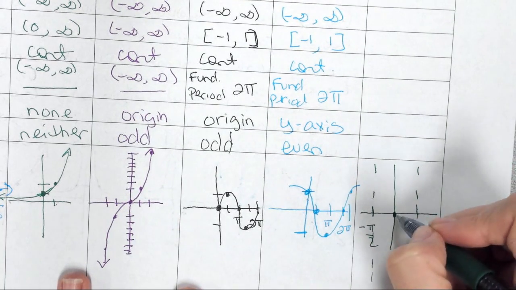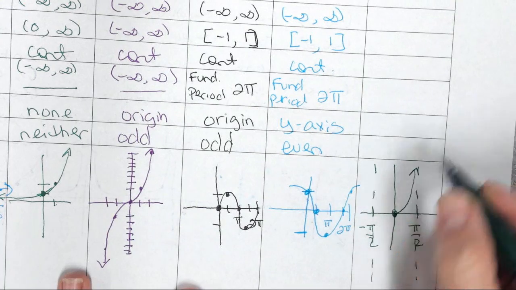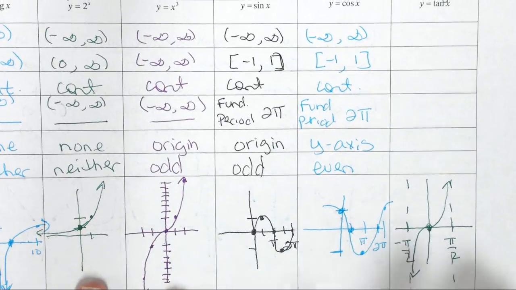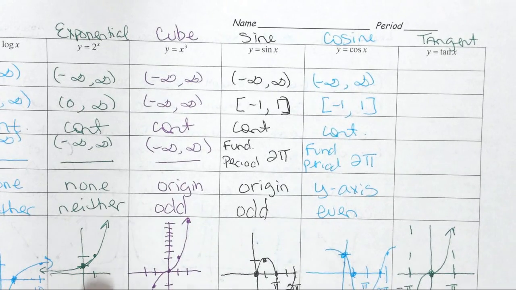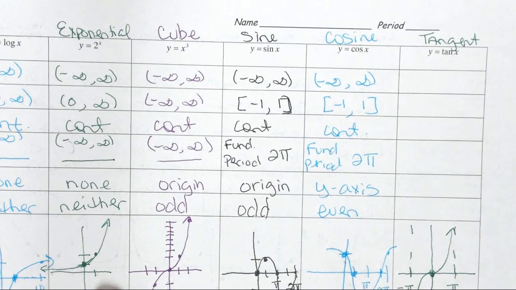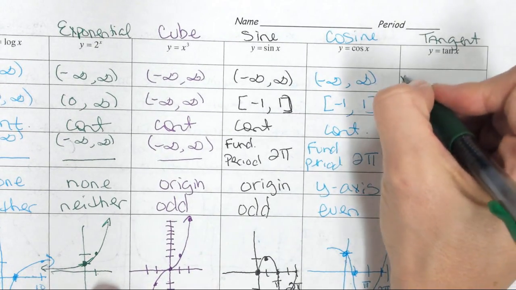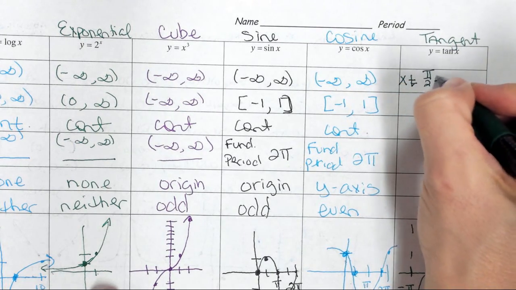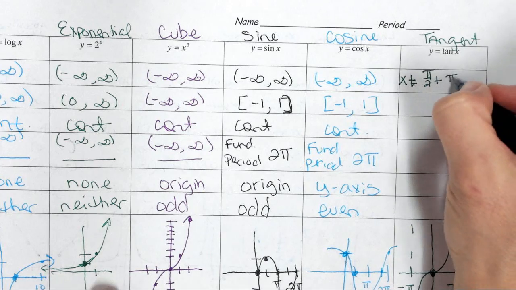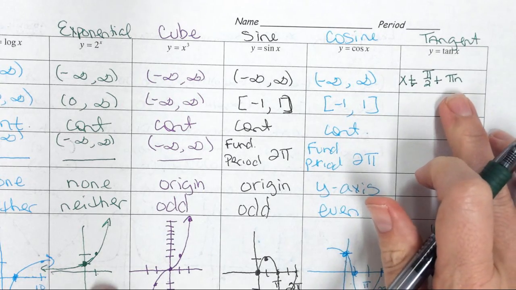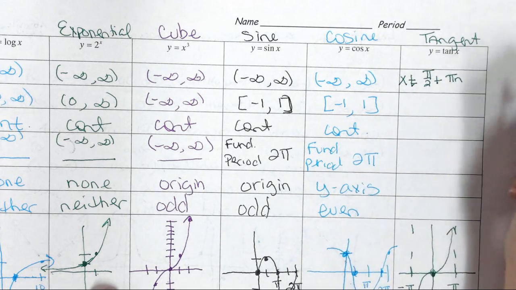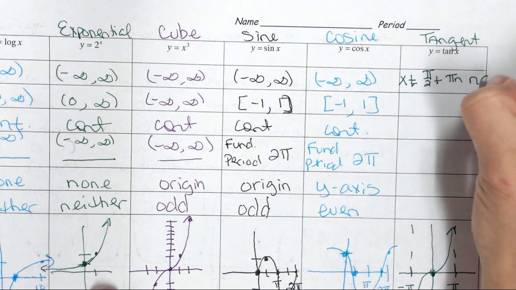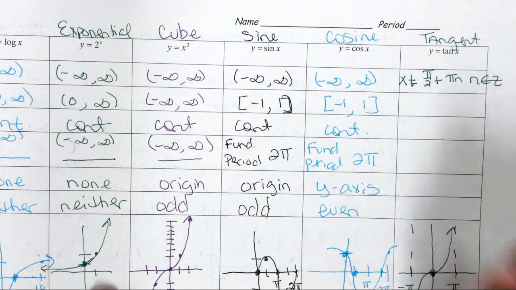It touched the origin, and the right arm went up and the left arm went down. The domain for this one was really tricky. It was everything except for intervals of pi over 2. When you wrote it like this, x cannot equal pi over 2 plus pi n, this means intervals of pi, so every time, pi over 2 plus pi, so another cycle, where n is an element of the integers.